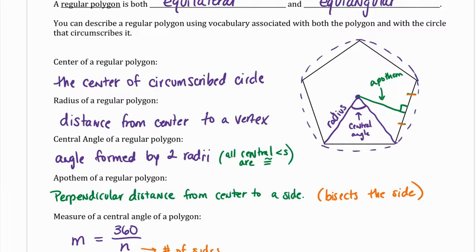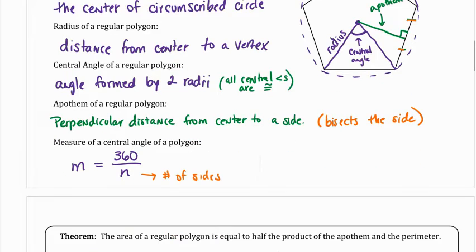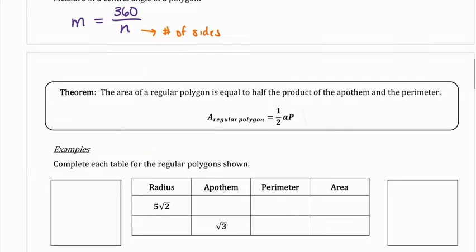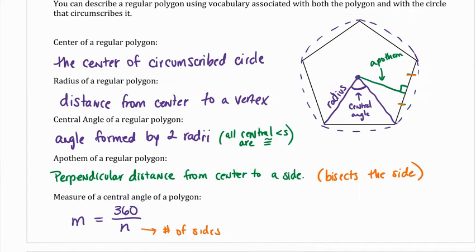Okay, radius, central angle, apothem. Those are the important ones. Okay. To find the area of a regular polygon, this is kind of what Savannah asked about on one of the homework problems, right? They give you one of these to try to figure out on your own. We did one where we could have split it into a couple trapezoids. Doesn't work as well with a pentagon, but I could take this pentagon and cut it up into 5 different triangles, right?